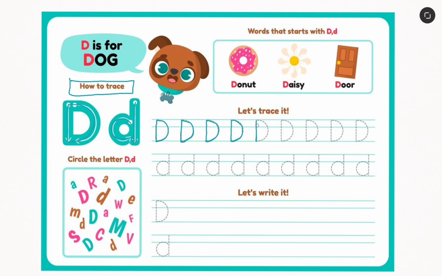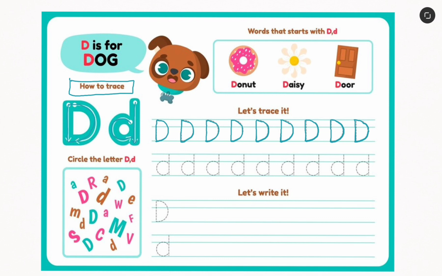We repeat this for each capital D. Very good. So now that we are done tracing the capital D, let's trace the small d.